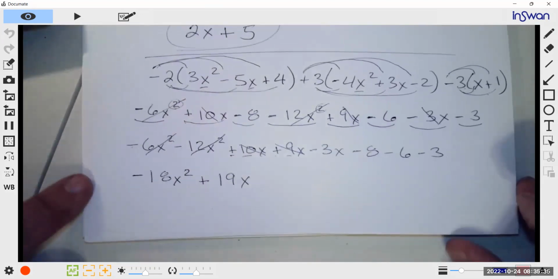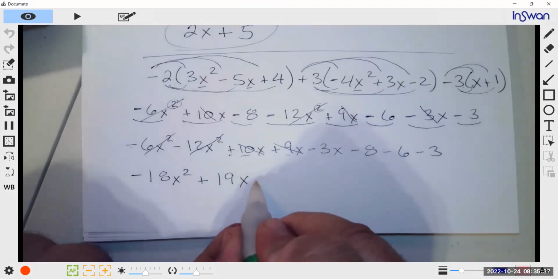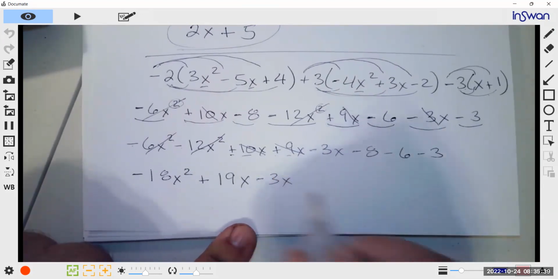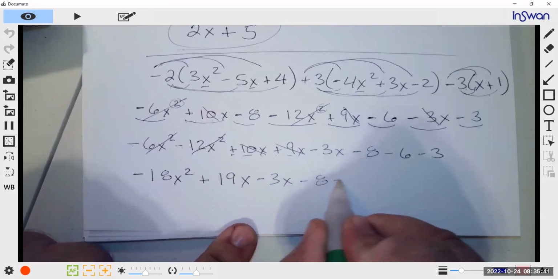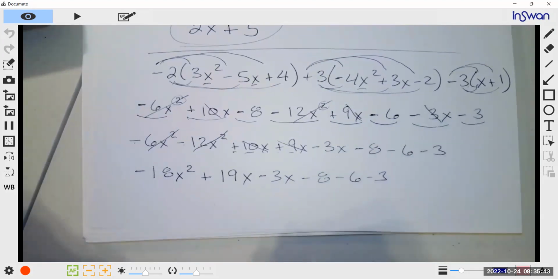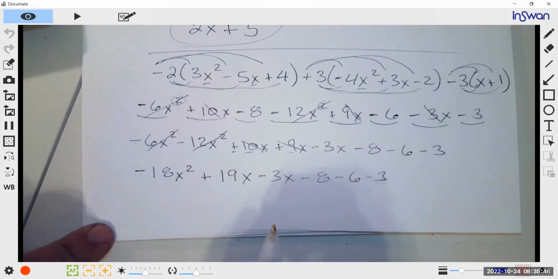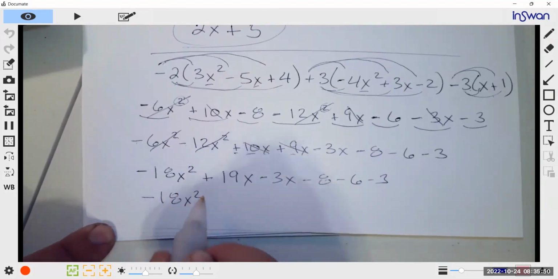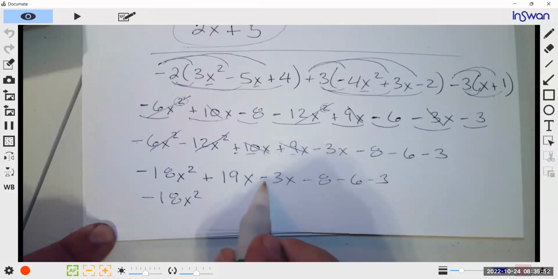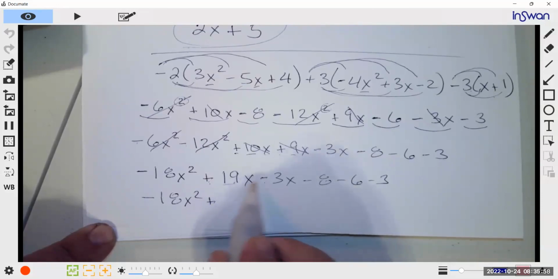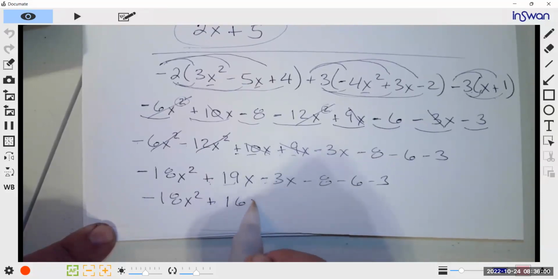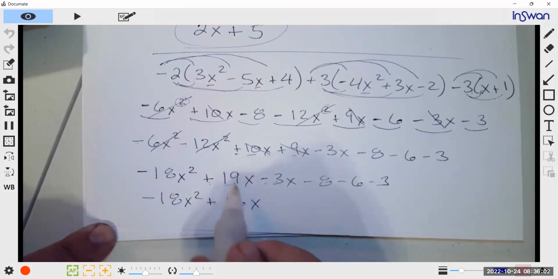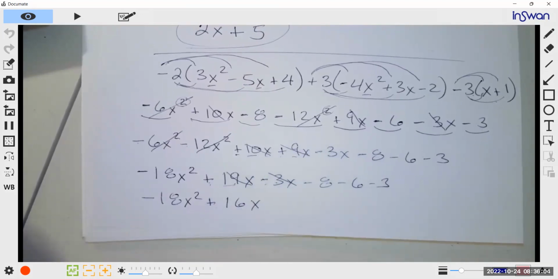And a minus 3x. So negative 18x squared comes down here. Positive and negative, the different signs. So I take the sign of the larger number, which is 19. It's positive. So 19 minus 3 is 16x.